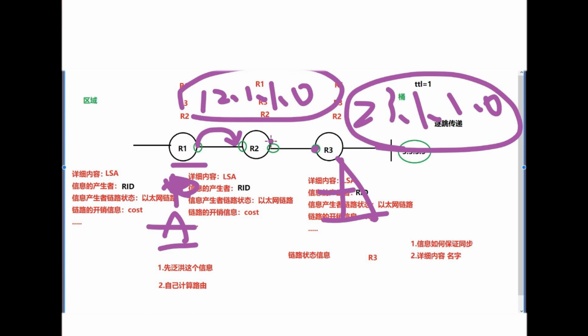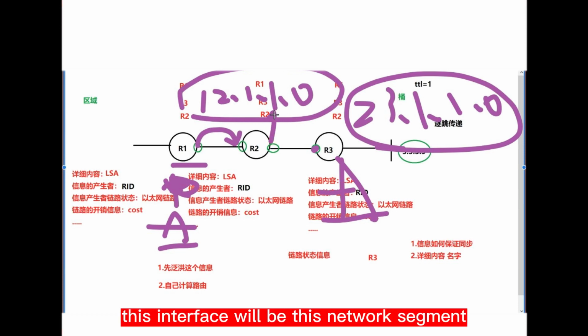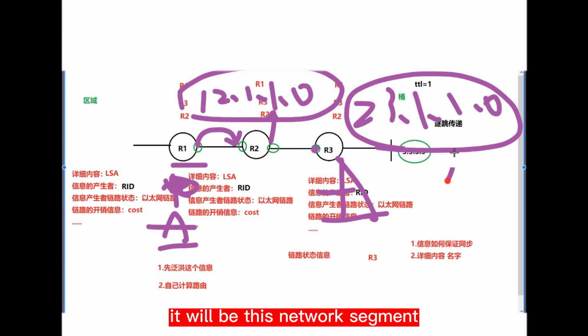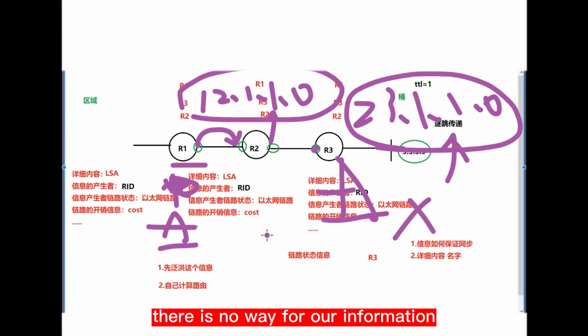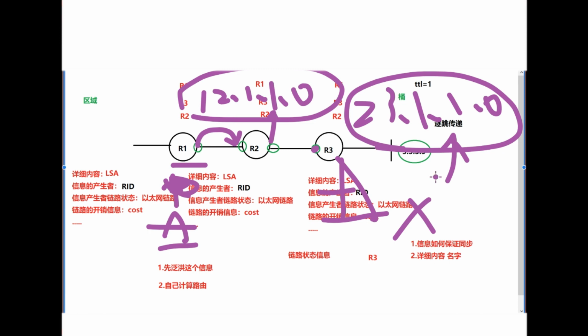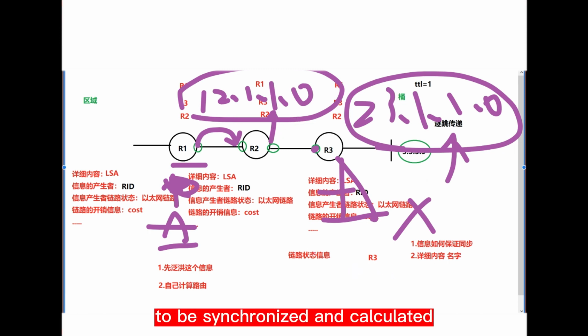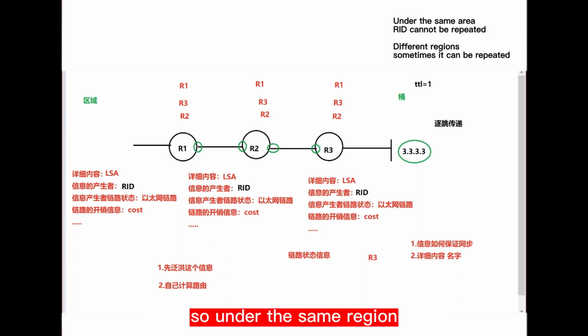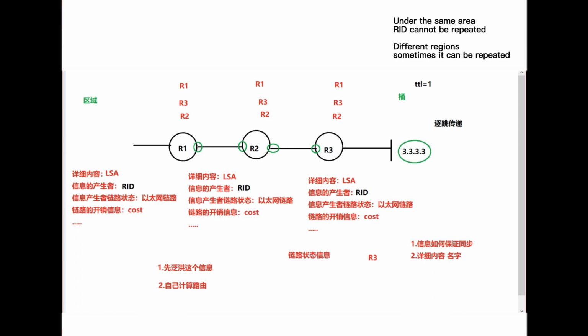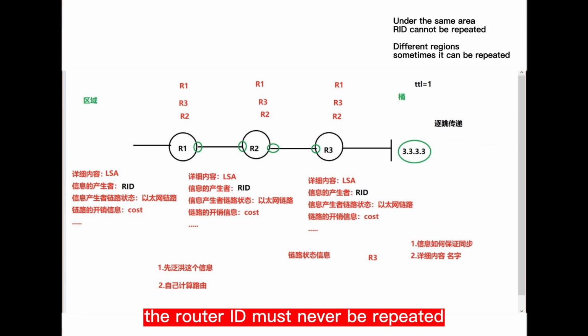That is, this interface will be this network segment, and that one will be that network segment. This is outrageous. There is no way for our information to be synchronized and calculated, because the information can be confusing. So, under the same region, the router ID must never be repeated.